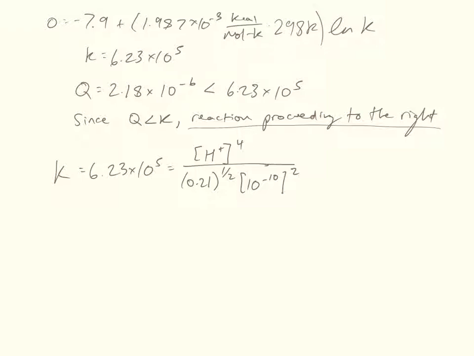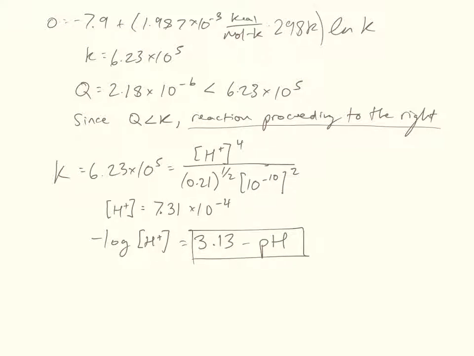So we have all of this. We can solve for our H plus concentration. If we do that, we have H plus equals 7.31 times 10 to the negative 4th. And so the negative log of the H plus concentration is equal to 3.13, which equals our pH.